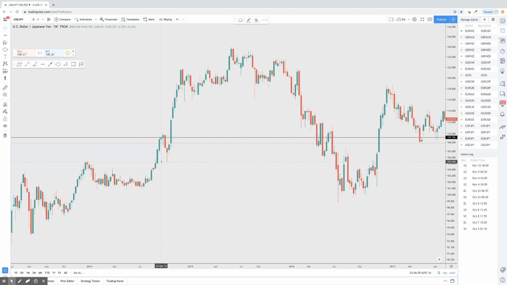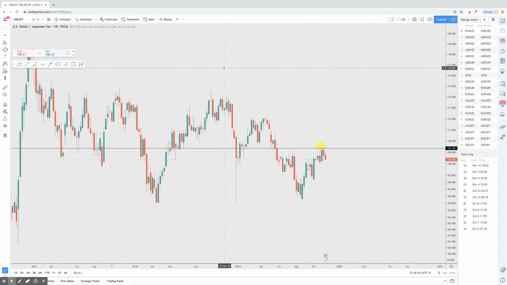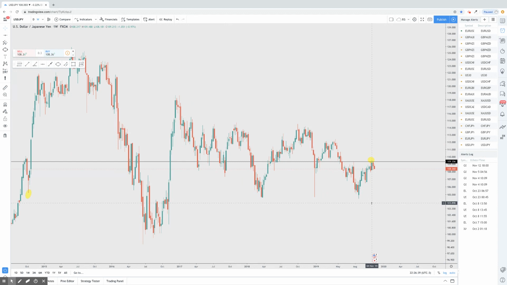I'd try to get in like here and ride with the trend. Because in this case, we're taking a counter trend. Although if we do look, and this is what I mean by understanding structure, we actually do have a trend line here. So I'm kind of lying to you a little bit. And this is imperfect. I'm just showing you the basics. So we did have a trend line forming there. It's not a super strong one, but we could say that we are still following the long-term trend.